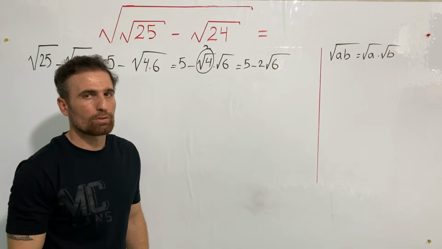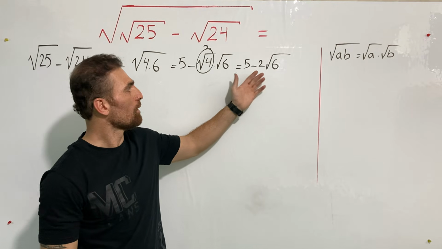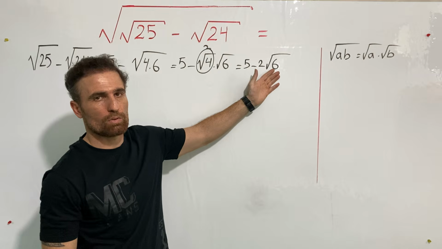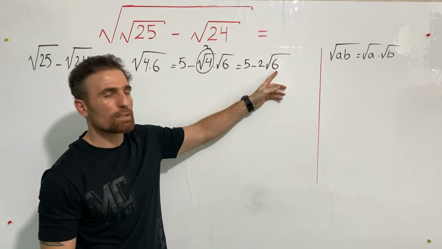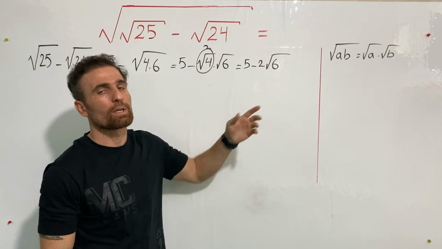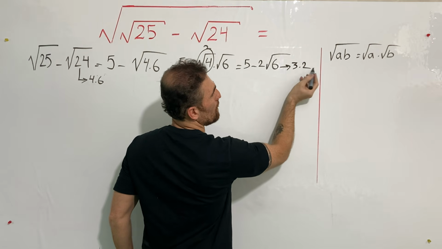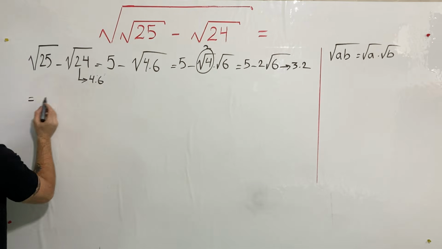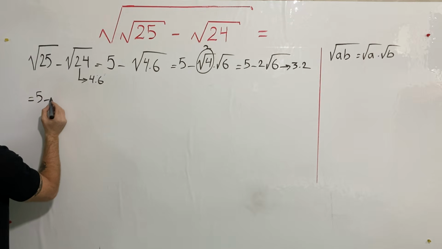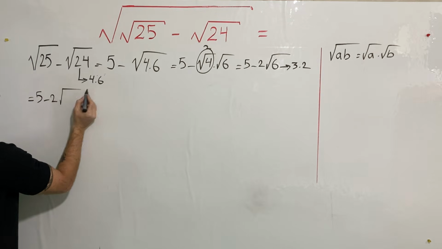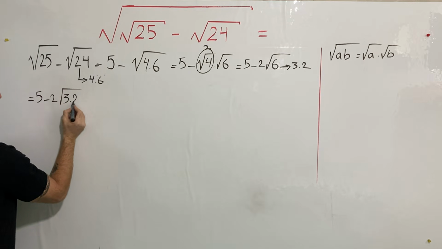But now, how can we continue the solution? We have 5, we have 2, we have square root of 6. 6 can be written as a product of two numbers, 3 and 2. So the next step is going to be 5 minus 2 times square root of 3 times 2.